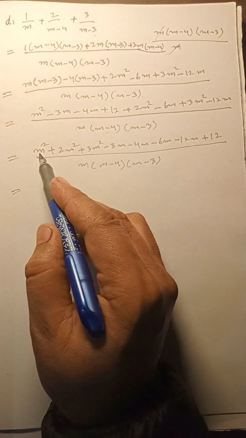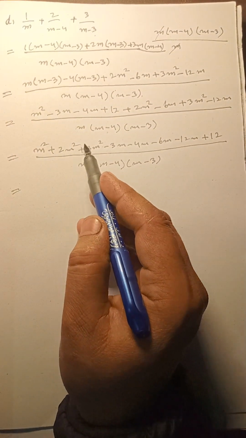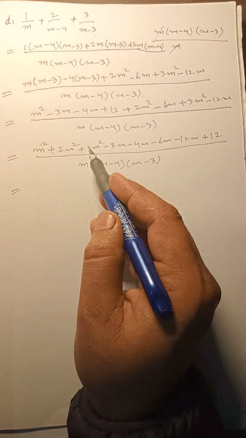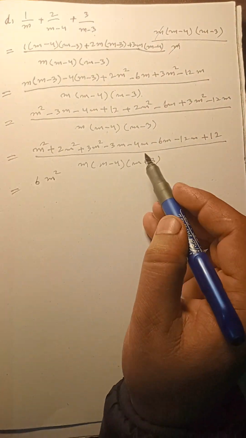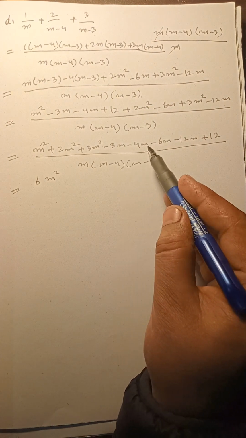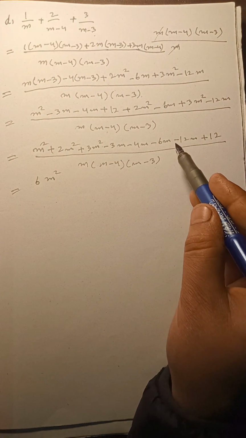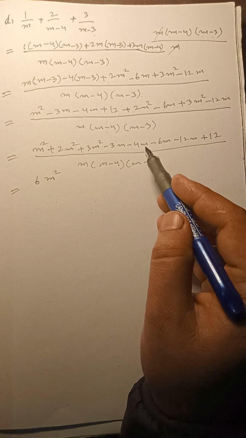You see that 1m, 2m and 3m. 3 and 2 are 5, 5 and 1 is 6, 6m square. Then all these carry a minus sign. We will add these because same signs are added.